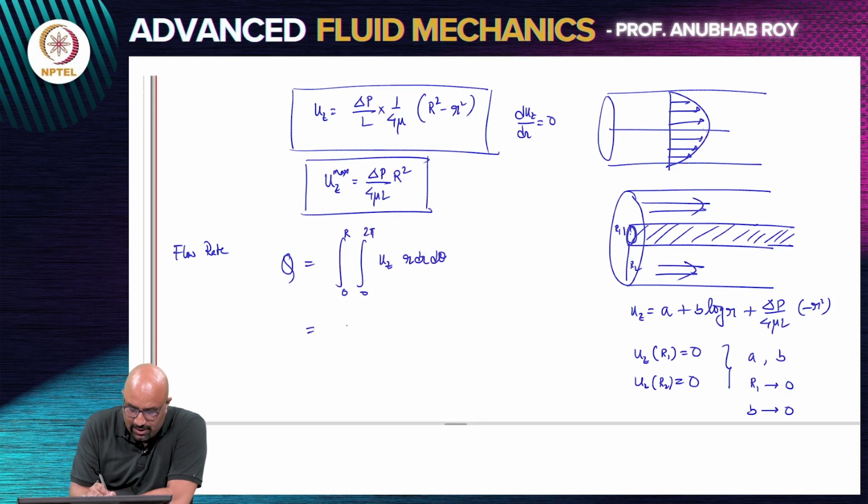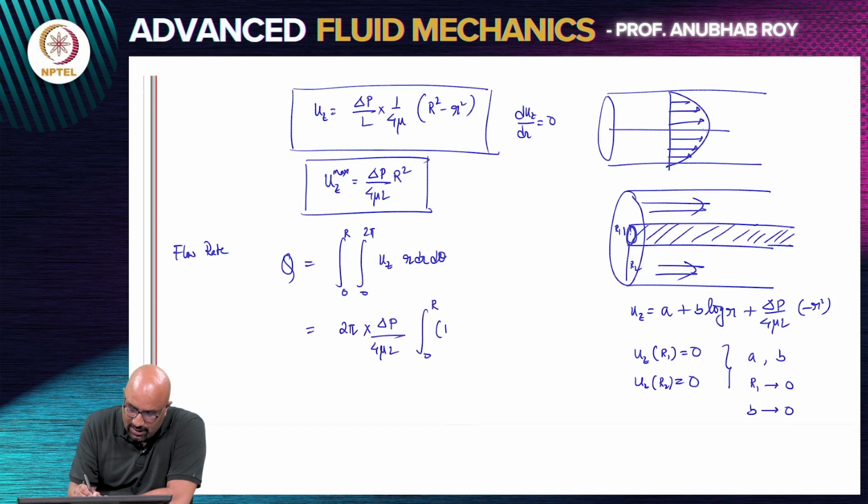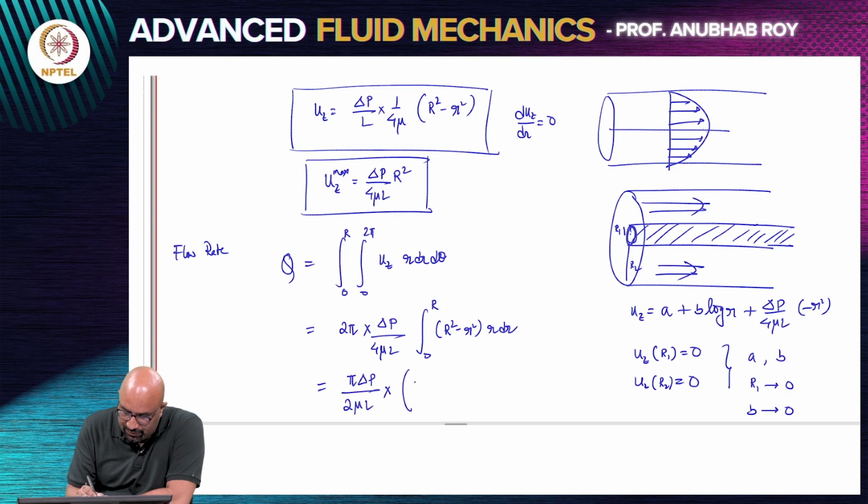There is no theta dependence in the problem. So, I can take out the 2 pi del p by 4 mu L, integral 0 to R of (capital R square minus small r square) r dr. If you go through with the integration, you will have R square r square by 2 minus r to the power 4 by 4.